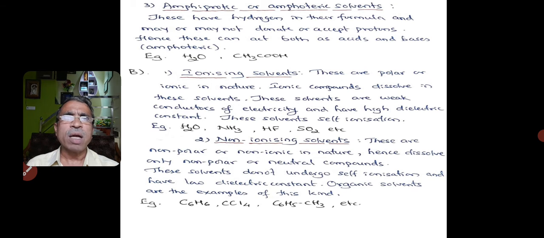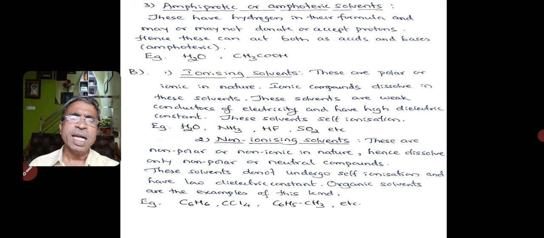H+ ions are present in acids, OH- ions are present in bases. Since this solvent has both these ions, it is amphoteric in nature. Another example is acetic acid. In acetic acid, the H attached to the COOH group donates the proton, whereas the H attached to the methyl carbon will not donate protons.